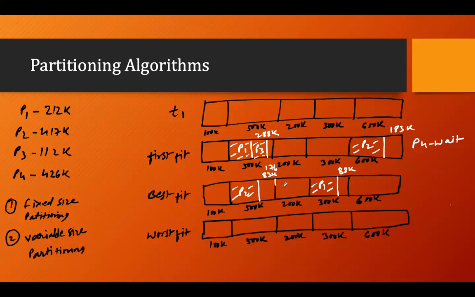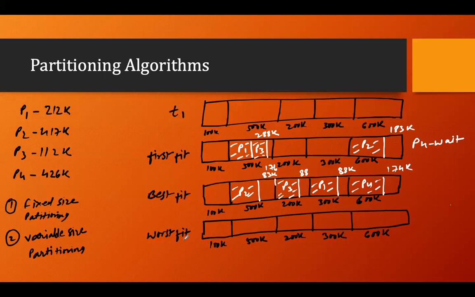For that we can accommodate here, that is P3. Again 88 is left. The last one is 426. We can accommodate here, that is P4, and the leftover will be 174K. So all processes have been stored into the main memory.